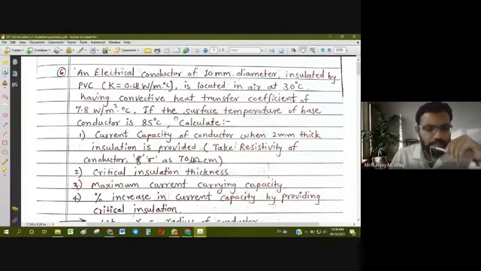And to limit this rise in temperature and to keep them under safe operating limits, because if heat generation goes on continuously, what will happen? Heat will be accumulated in the cable or wire, and eventually it will burn out.